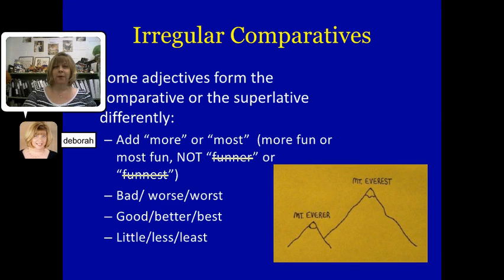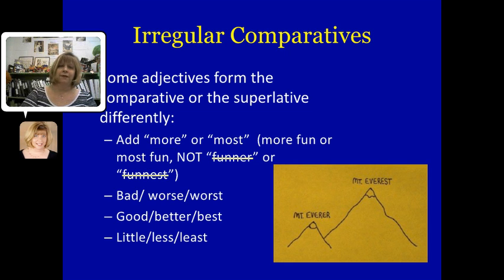Now, some adjectives form the comparative and the superlative in an irregular fashion. They don't add the ER or the EST, although you notice sometimes they do have an R or an ST in there someplace. And sometimes you just have to add the word more or most, like for something that's fun. When you're a little kid, you might say that was the funner thing we did, or the funnest thing we've ever done together. But fun is actually considered an irregular comparative.